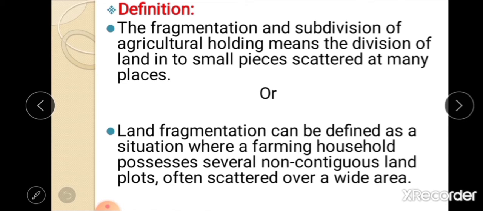Another definition: it can be defined as the situation where a farming household possesses several non-contiguous land plots often scattered over a wide area. So in short, land fragmentation and subdivision means division of large plots into smaller plots which are scattered all over the village. That is called land fragmentation or subdivision.